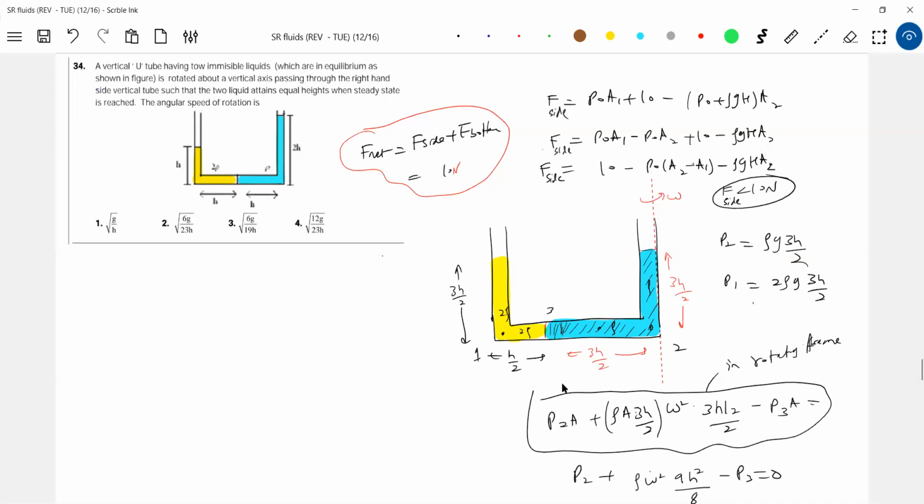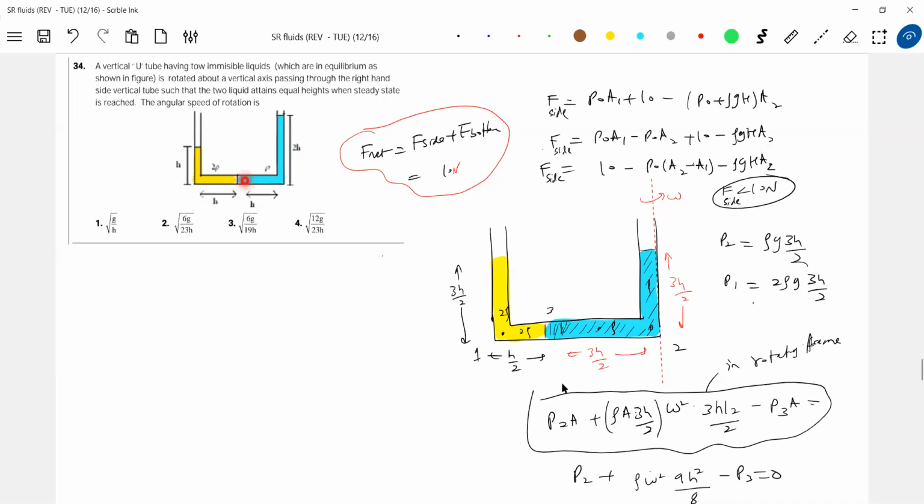It is rotated about a vertical axis passing through the right-hand side vertical tube so that the two liquids attain equal height when steady state is reached. We need the angular speed of rotation. So earlier what was the level? 2h and h.